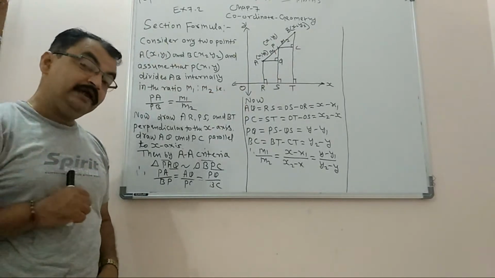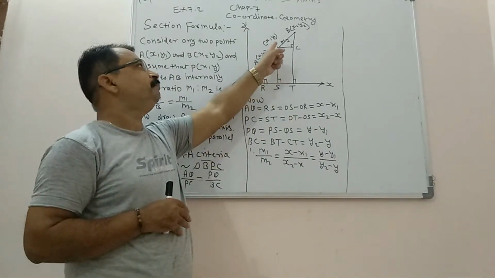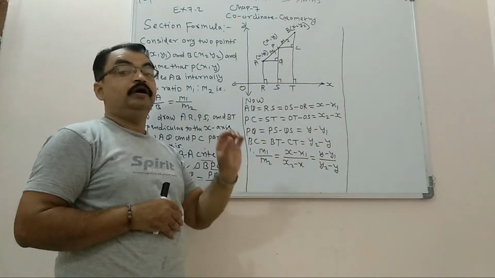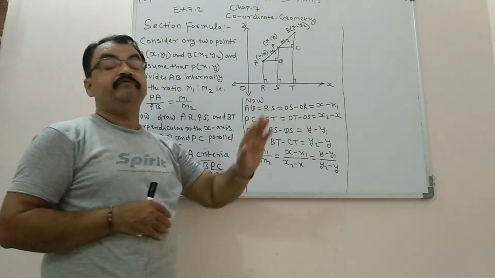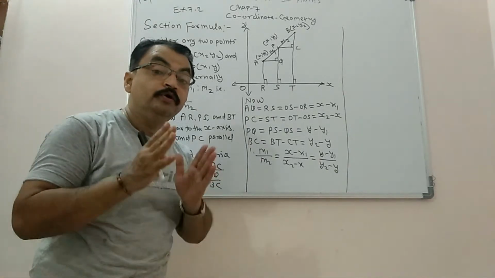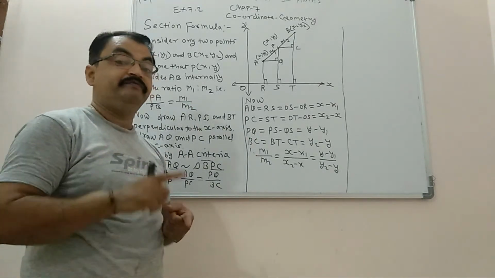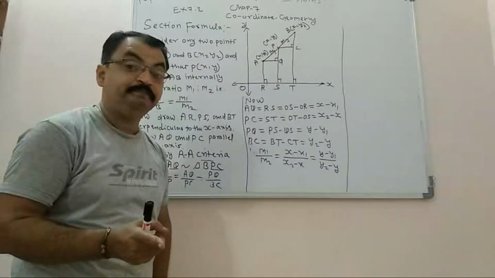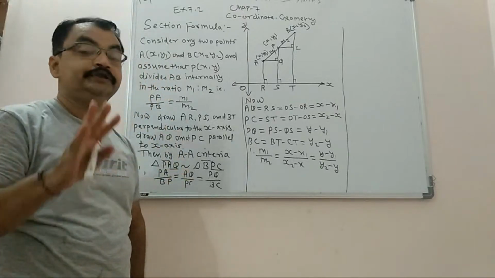So what actually do we have to find here? We have to find the coordinates of P(x, y). That means the x coordinate and y coordinate values of P we have to find. We have to derive the value of P(x, y) from this section formula, and that will be the final formula for AB, which is divided by the third point P in different ratio.